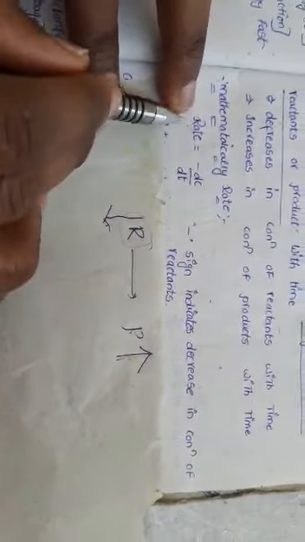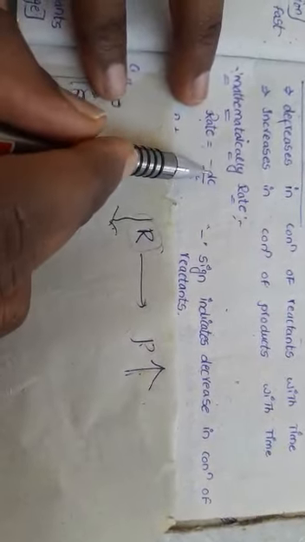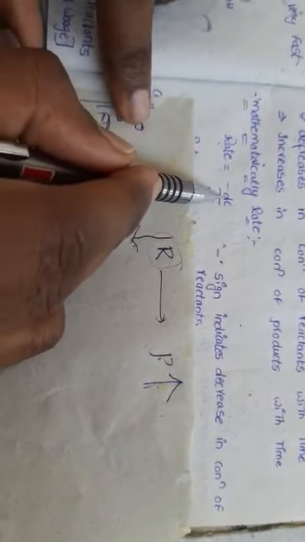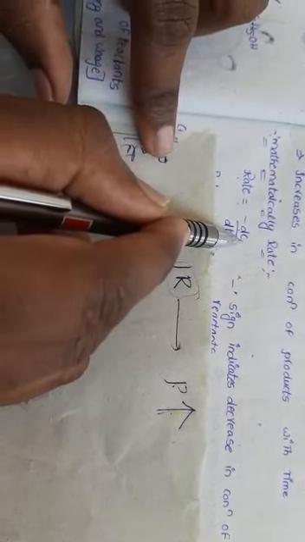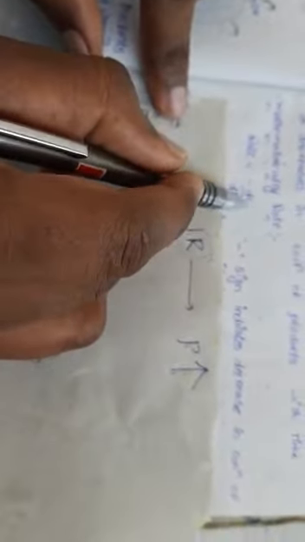products with time. The mathematical equation for rate: d means change in concentration of C. C is the concentration, which may be a reactant or product generally. So the change in concentration of C with respect to change in time is defined as the rate.